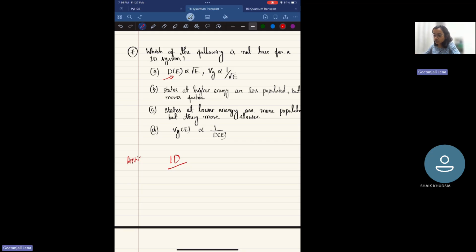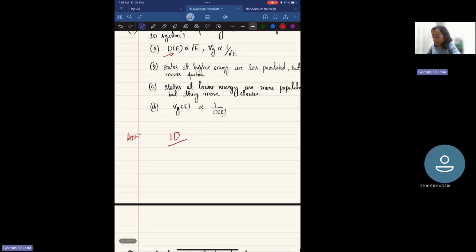So the question asks which one of the following is not true for a 1D system. If you recall, for 1D, the density of states is inversely proportional to square root of E. For 2D, it is a constant. For 3D, it is directly proportional to square root of E. For 1D, we have 1 by square root of E. And for 0D, it is like a delta function.